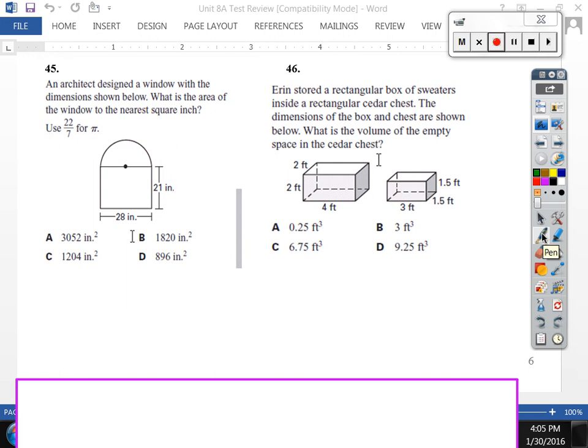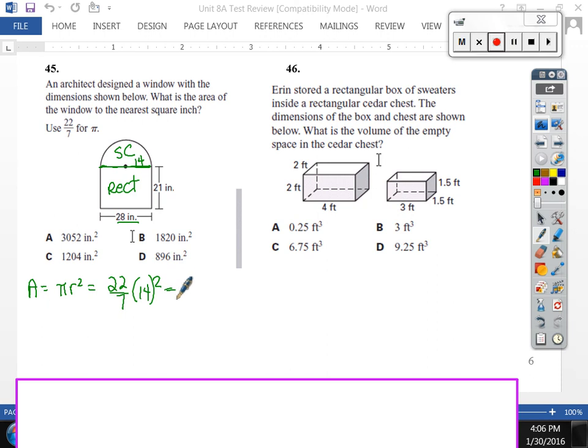Now we are going to find the area of this window. This would actually be called a Norman window, if you care. We want to find the area of the window. This is a semicircle, and this is a rectangle. The area of a circle is pi r squared. They want us to use 22/7 for pi. The diameter of this circle is 28 inches, which makes the radius 14.